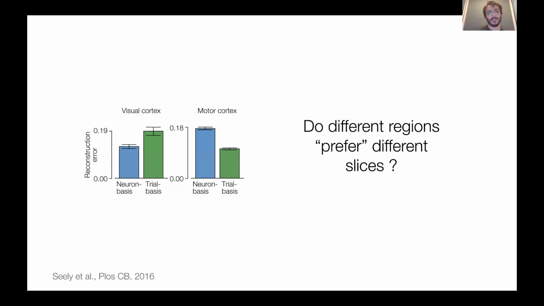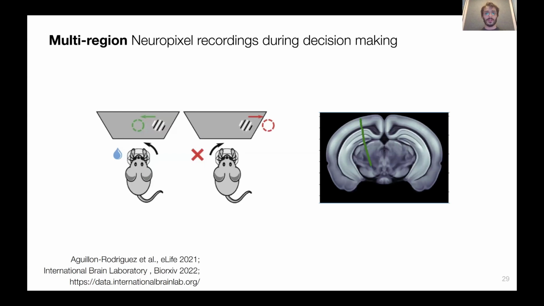I'll end by mentioning, again, this point that different brain regions might prefer different representations of the data. For this, I'll briefly mention a Neuropixels data set. It's this IBL data where a mouse is moving gratings from the side of a screen to the center of a screen, and they're recording from a couple of brain regions with Neuropixels.